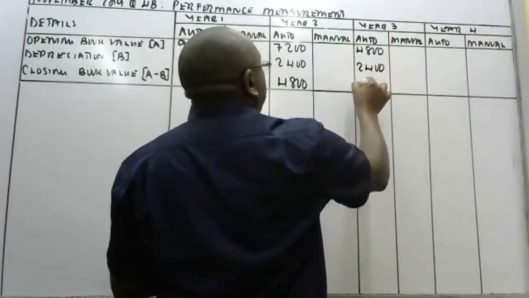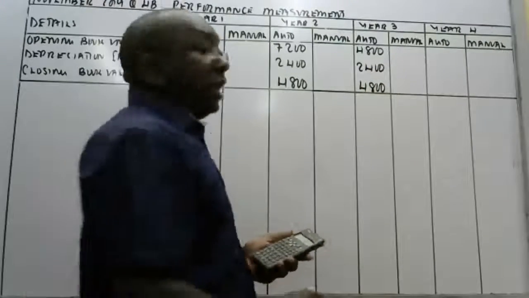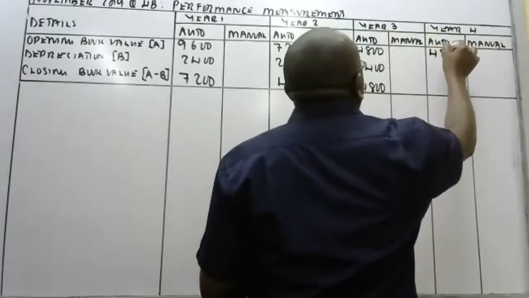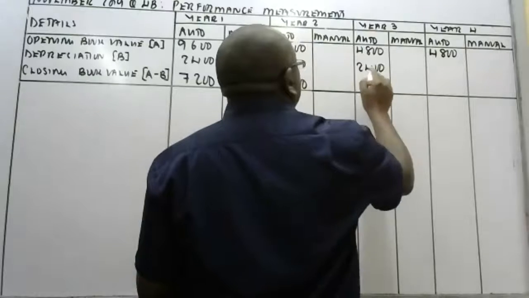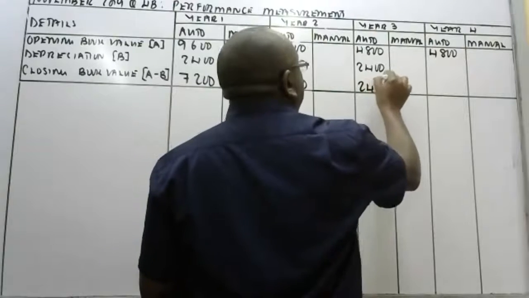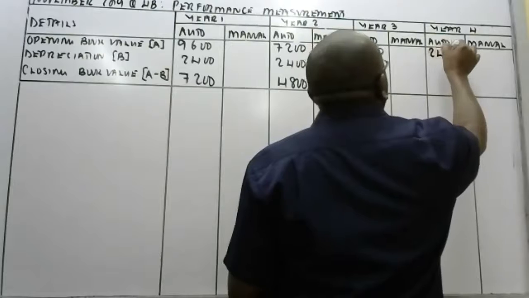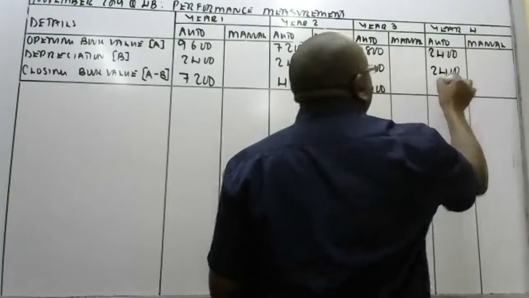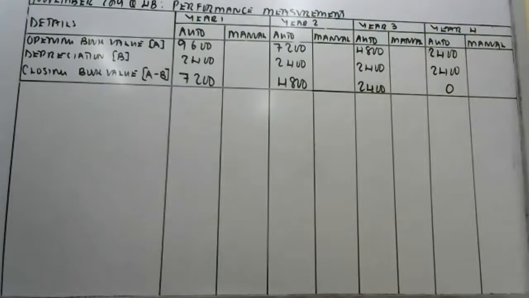You less that, you get 2400. You get 2400 to open here, and then you less 2400, you get a 0.